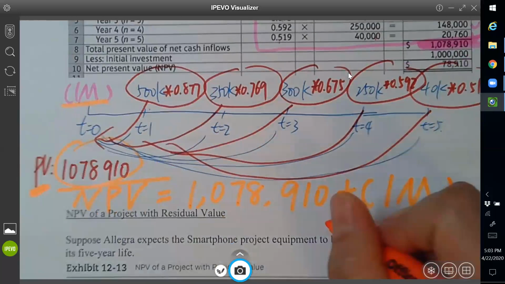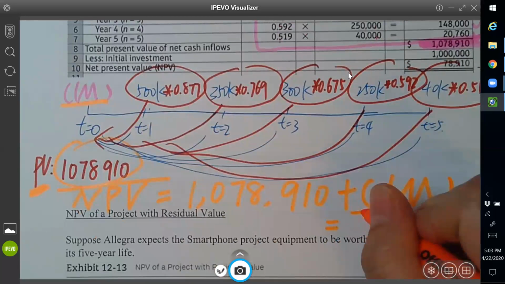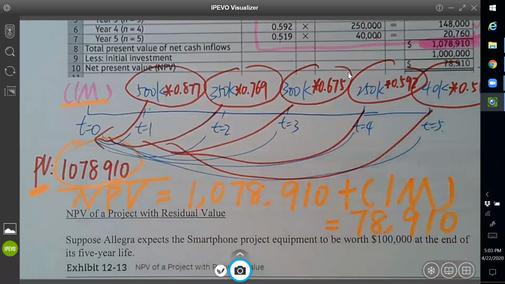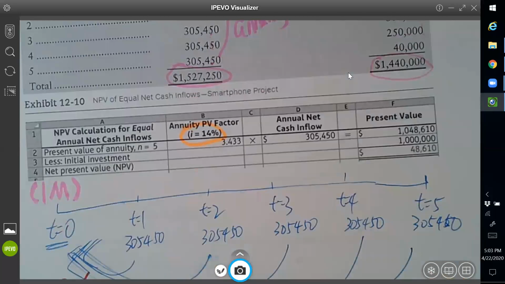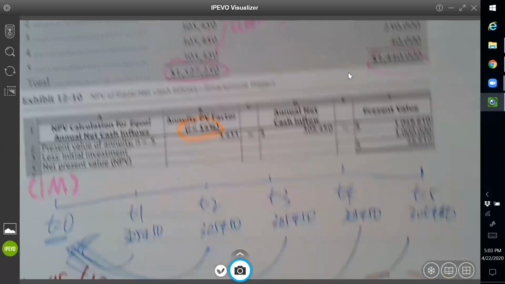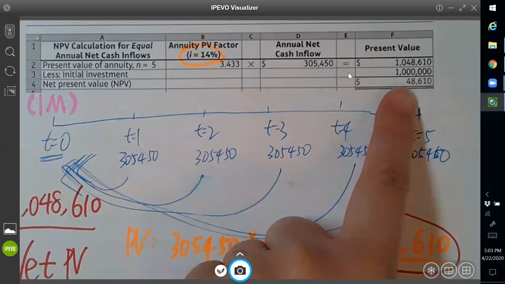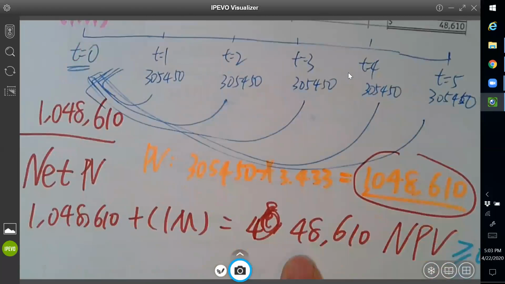So we get the NPV equals $78,910. The NPV of our smartphone is 48,610.